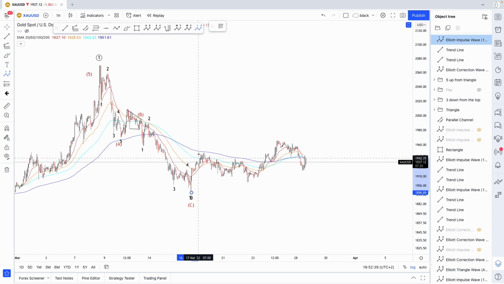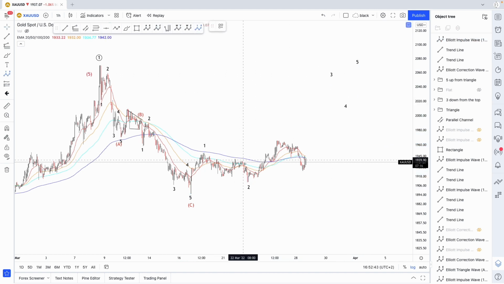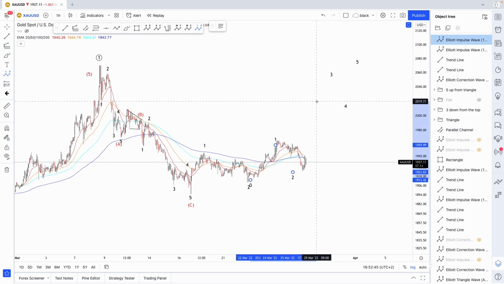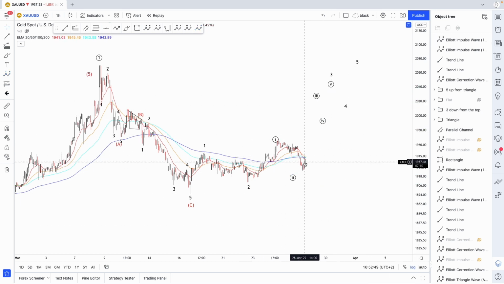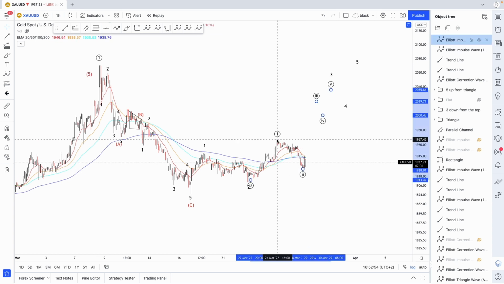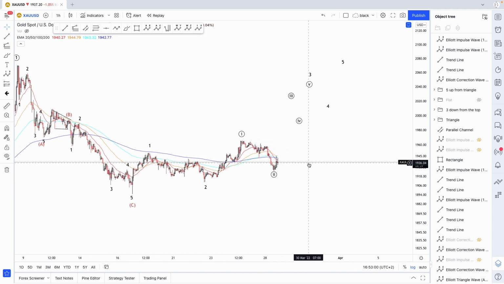If this is 1, 2, and then again 1, 2, so we have a nest, we obviously wouldn't like to see wave 2 being this deep. However, it is still possible we move higher.